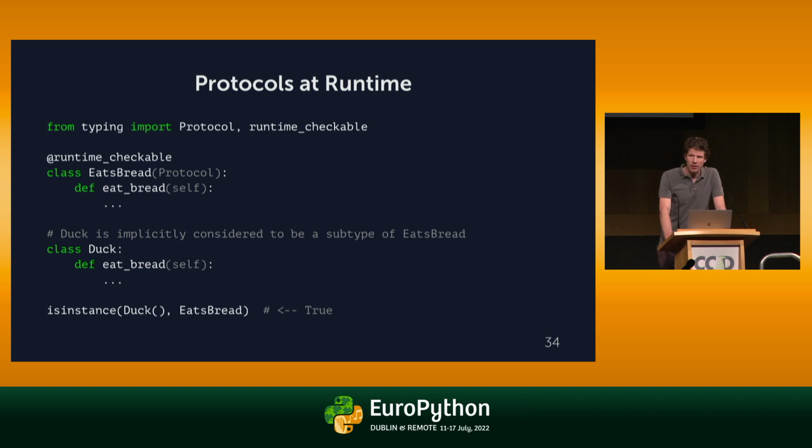So it's not completely safe. But still, you can do something with this without ever having to explicitly specify that Duck is of type EatBread. This just magically makes it work.